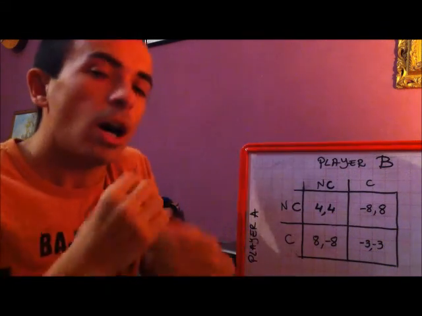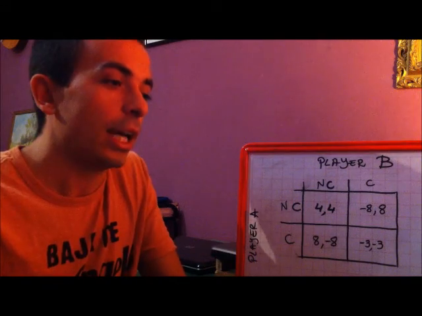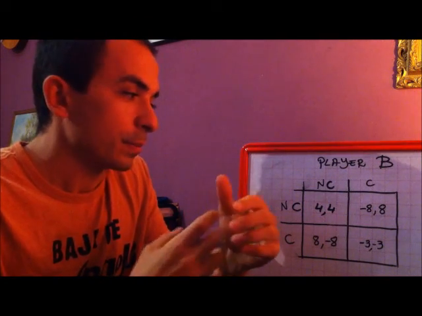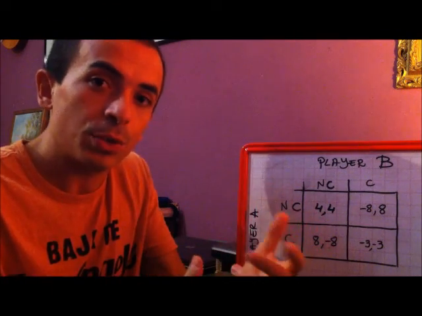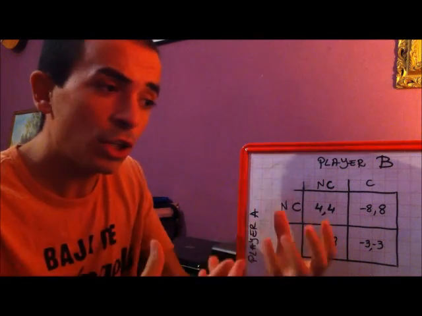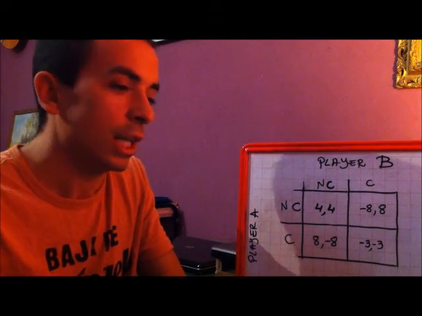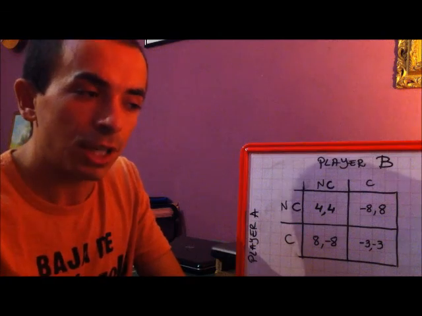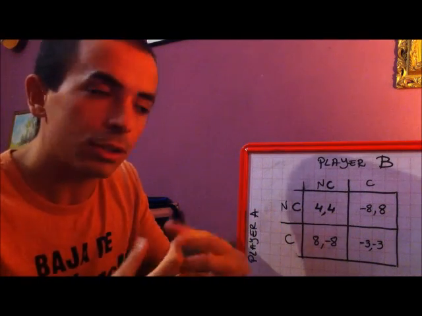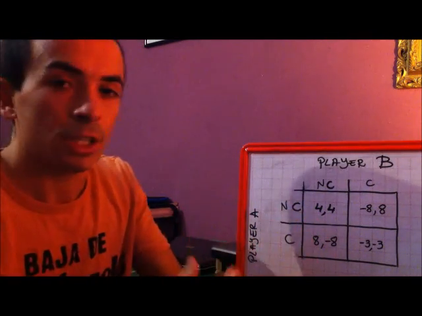So how do we find the Nash equilibrium in situations where there are no dominant strategies? I'll represent a different game and go through the reasoning required to find the Nash equilibrium.